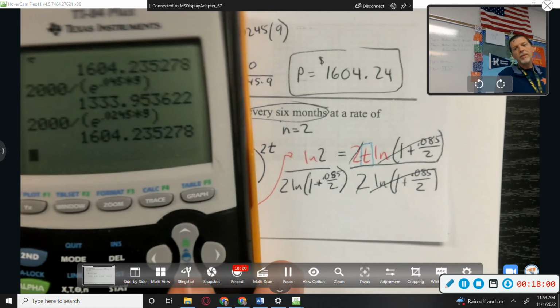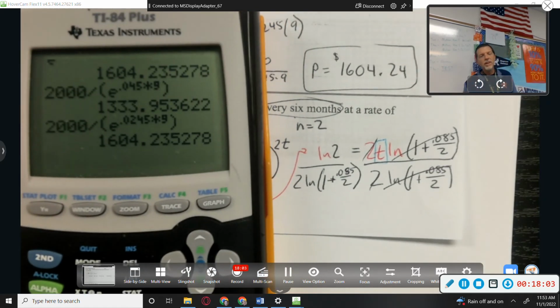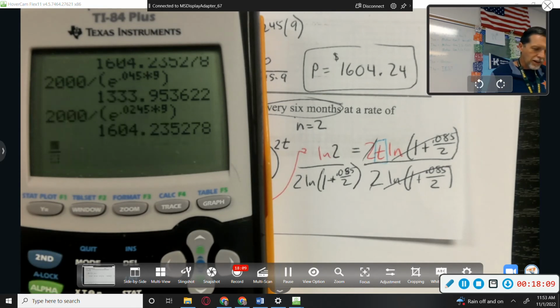This is one where I would definitely use the fraction bar, because otherwise your parentheses are going to get kind of crazy. You can do it without it, but it just seems like it'd be a whole lot easier. Alpha y equals. Again, that makes it just real easy to see who's in the top, who's in the bottom.